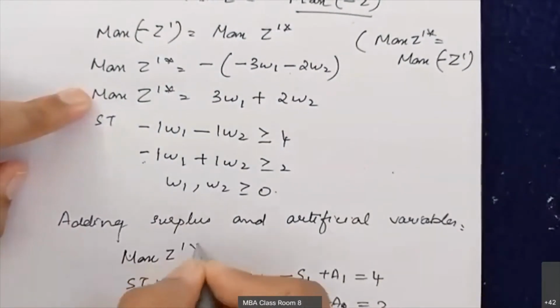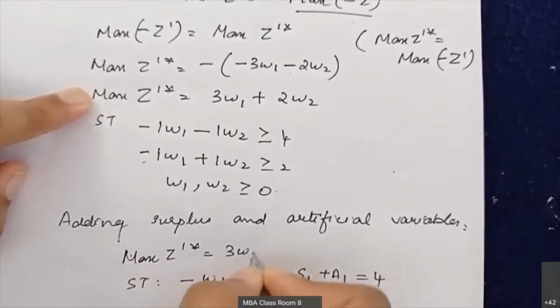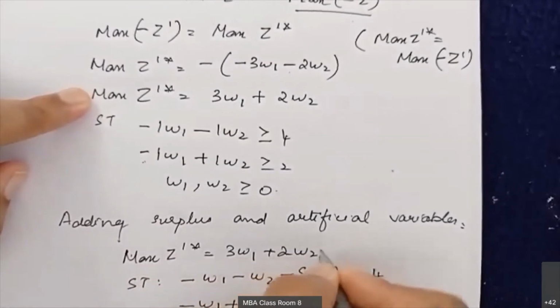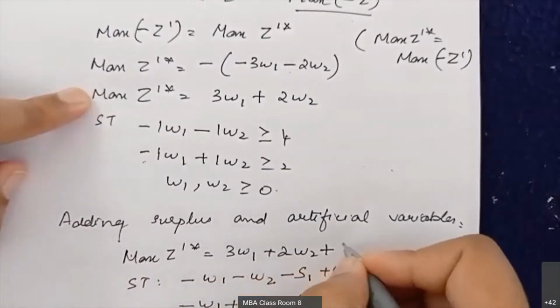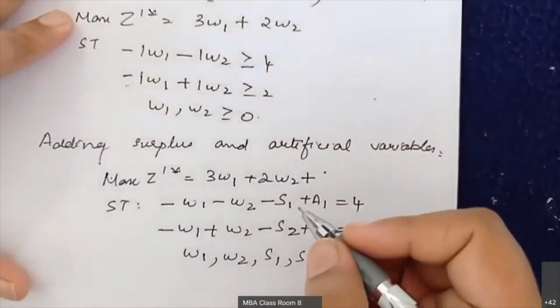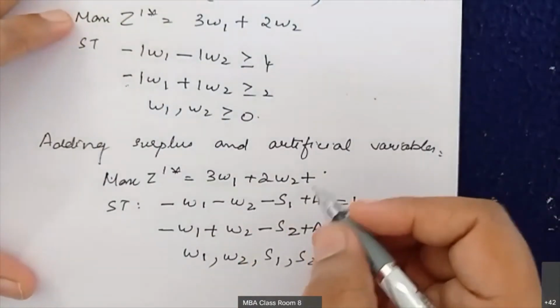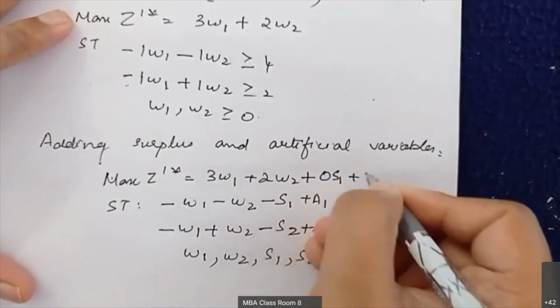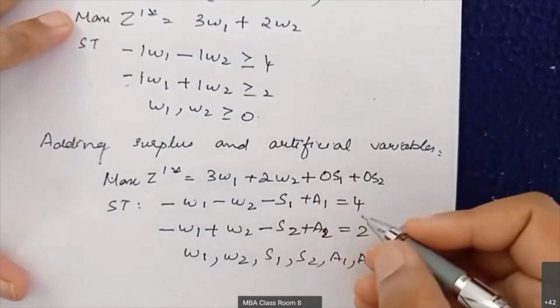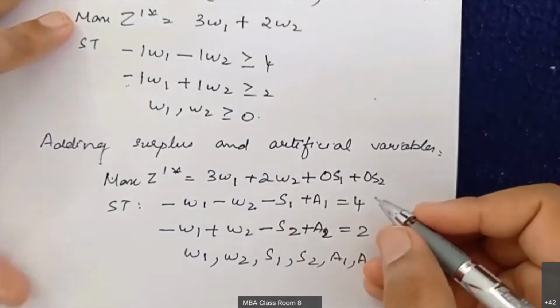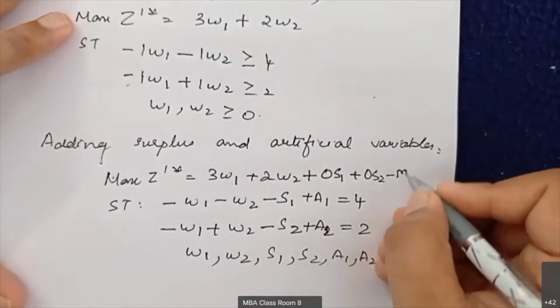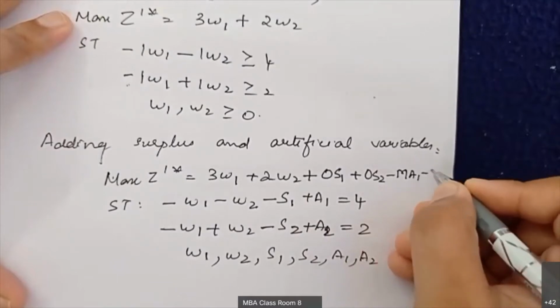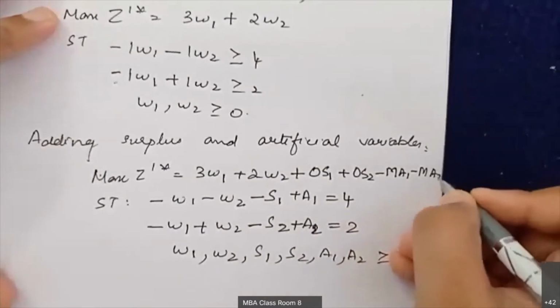Max of z dash star is equal to 3w1 plus 2w2 plus, when I'm introducing those variables into the objective function, all the slack and surplus variables will be added with the coefficient 0. So 0 S1 plus 0 S2, and the artificial variables will get a coefficient of minus M, so minus M A1 minus M A2.